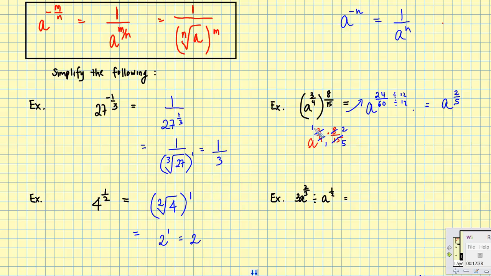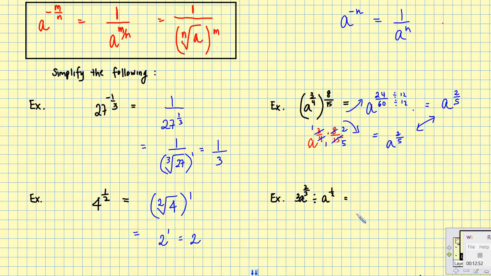Now when I do 1 times 2, it gives me a to the power of 1 times 2 is 2, and 1 times 5 is 5 for my denominator. You see that I still have the same answer. I've just taken a different approach to it, where I reduced down all the numbers before I actually multiplied, so that way I wouldn't have to do any simplification at the end of the problem.